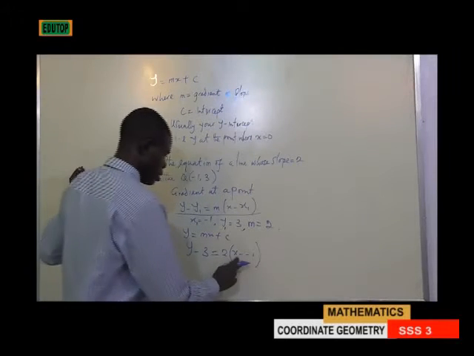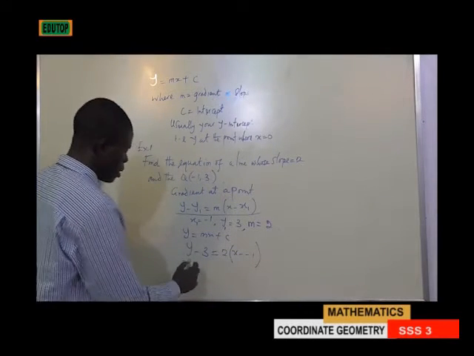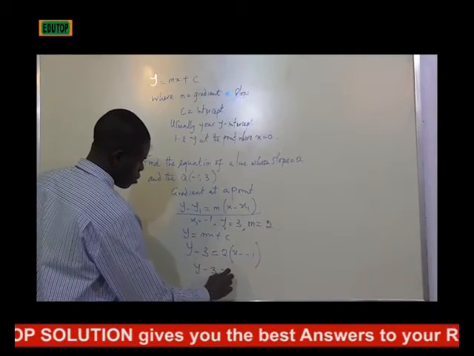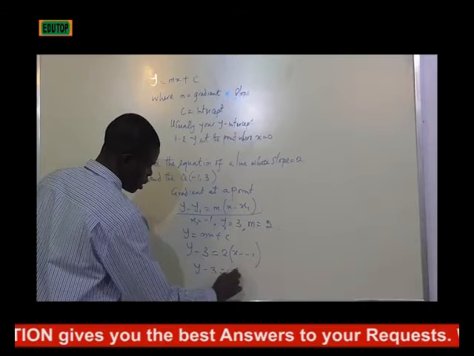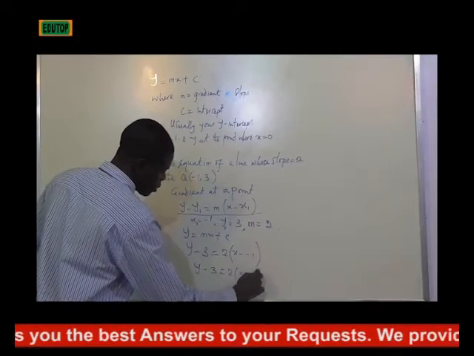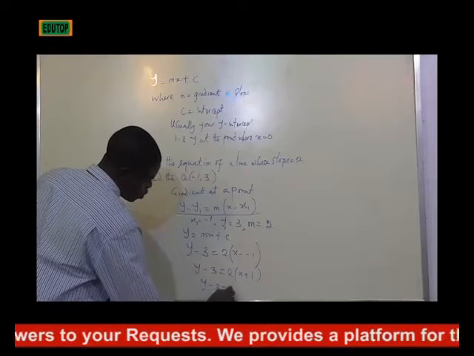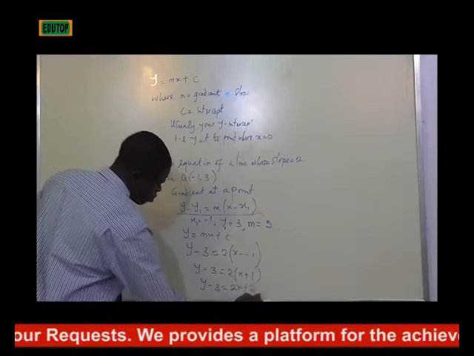Then we have y minus 3 equals 2 into (x plus 1). Then here we have y minus 3 equals 2x plus 2.